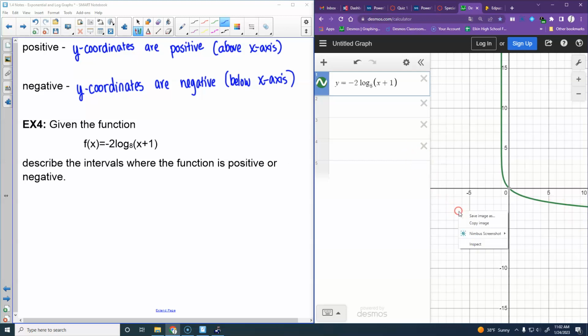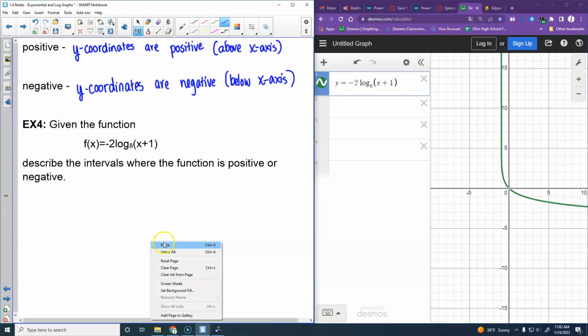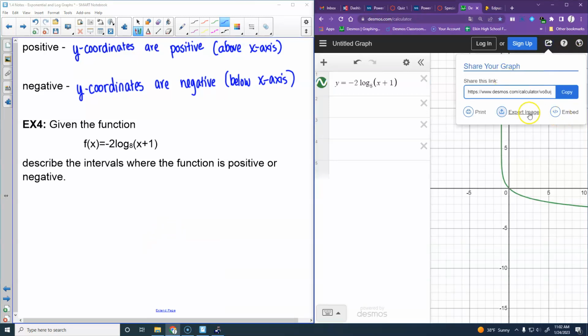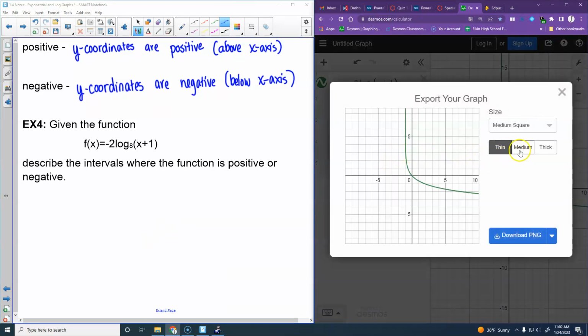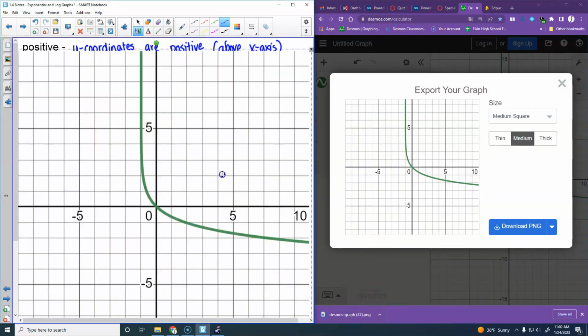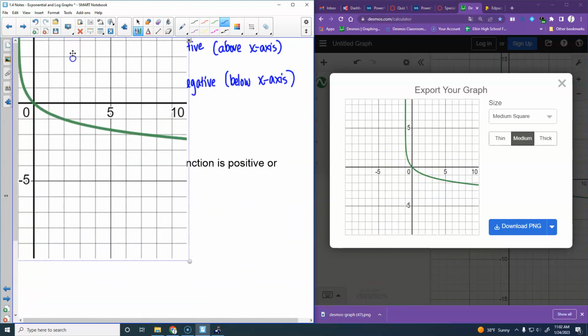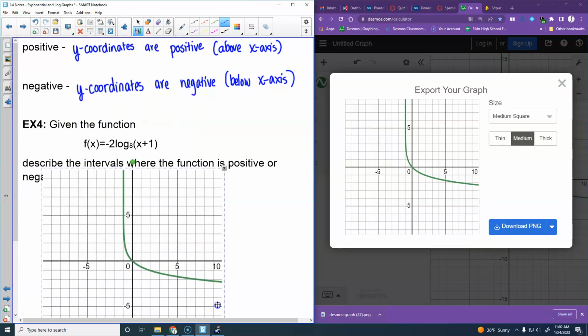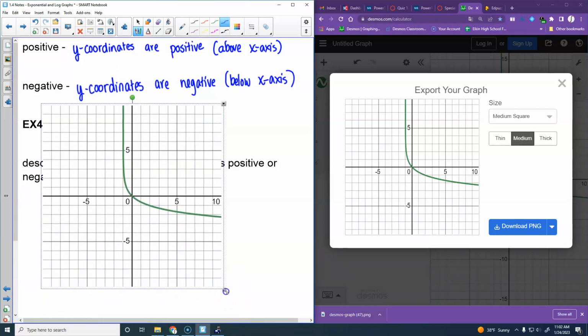Okay, and I am going to put this over here just so we can see it. You like to be able to draw on the picture.